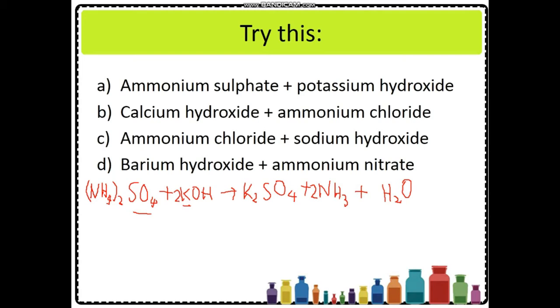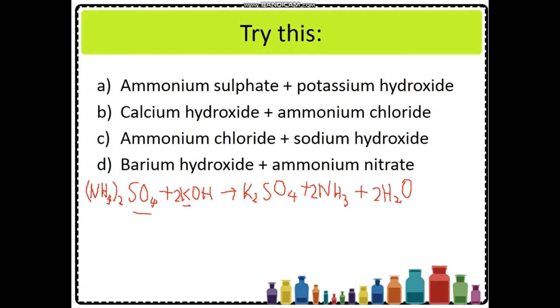Check whether it is balanced: 2, 8, 10, 2, and this side 6, 10. Sulfur 1 here. Oxygen 4 plus 2 is 6. So it's balanced.